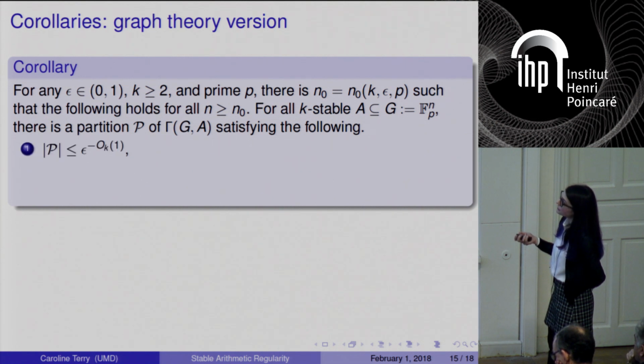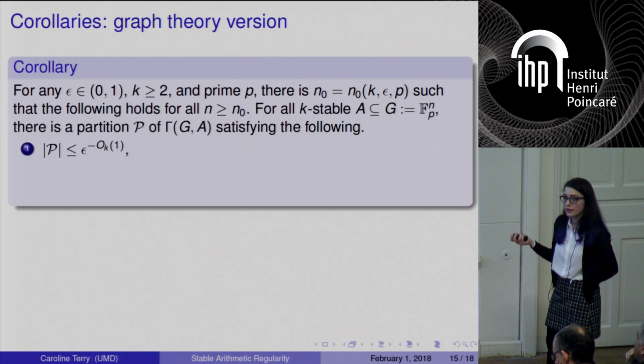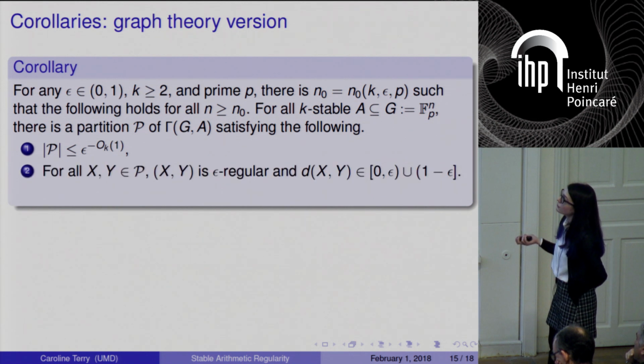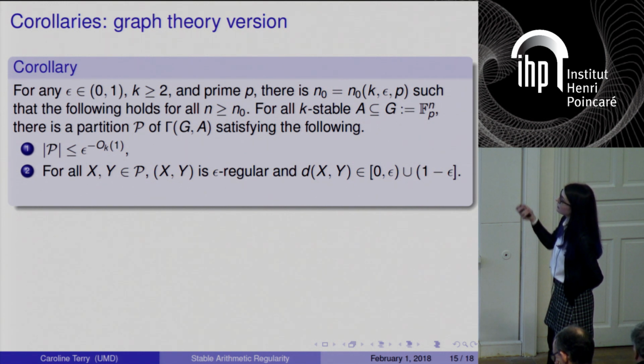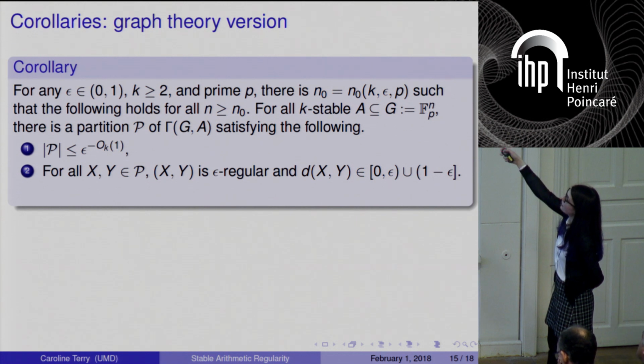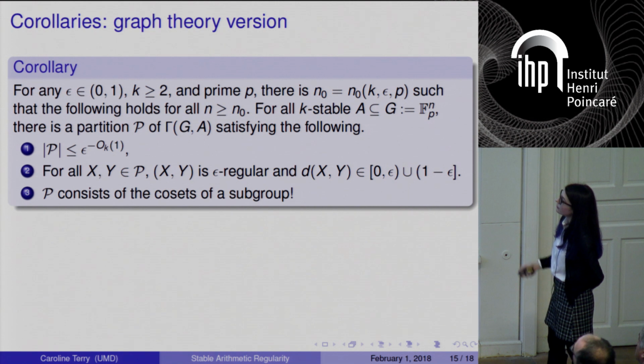The size of the partition is polynomial in 1 over epsilon. For every pair X, Y from the partition, (X,Y) is epsilon-regular, and the density is close to 0 or 1, so between 0 and epsilon, or 1 minus epsilon and 1. And P consists of the cosets of a subgroup.